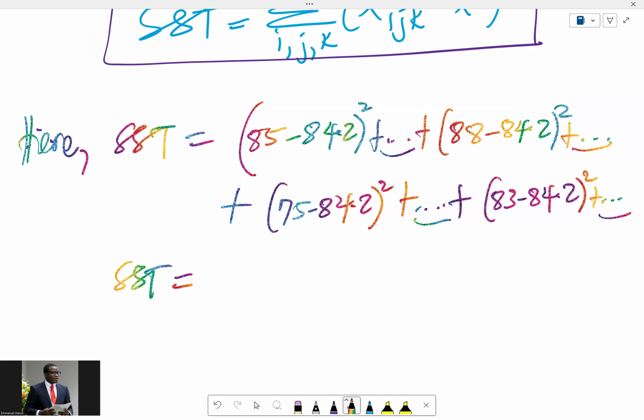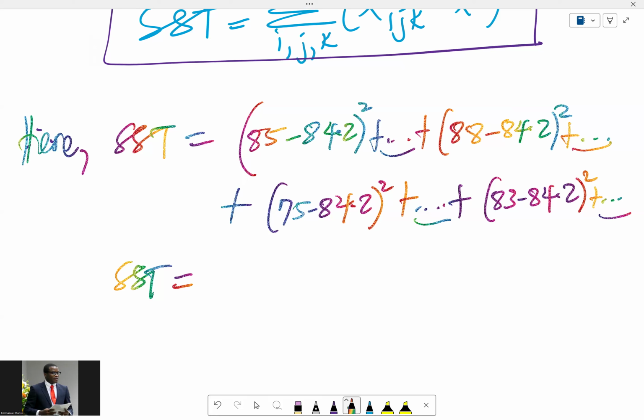So the next one is 78. So I have 85. The next is 78 minus 84.2 all squared. The next one is 91. So I have 91 minus 84.2 squared.